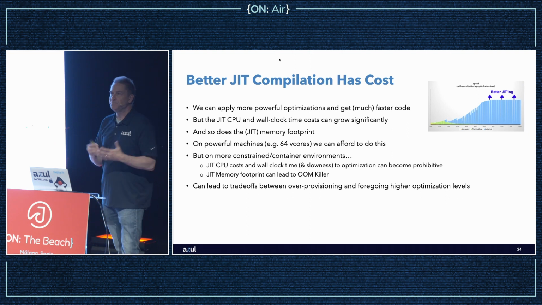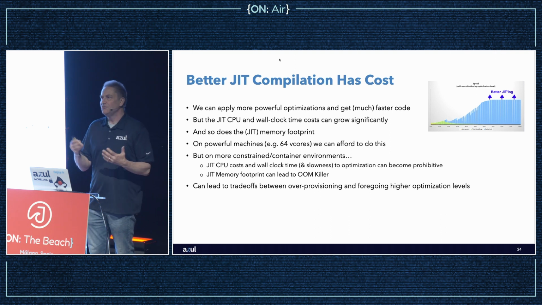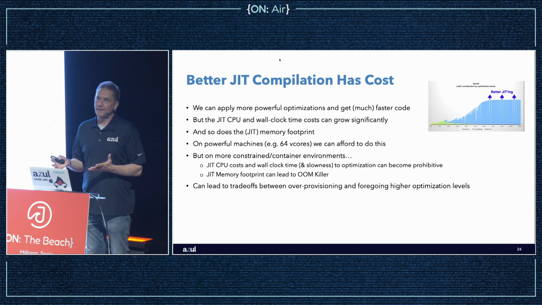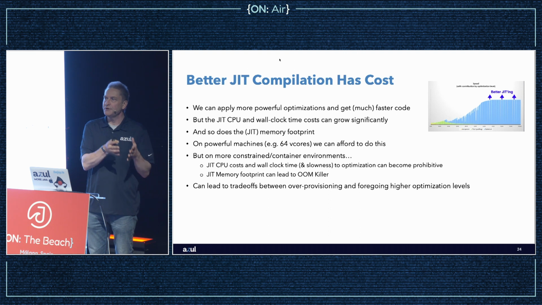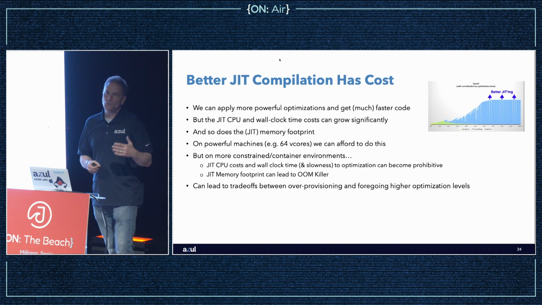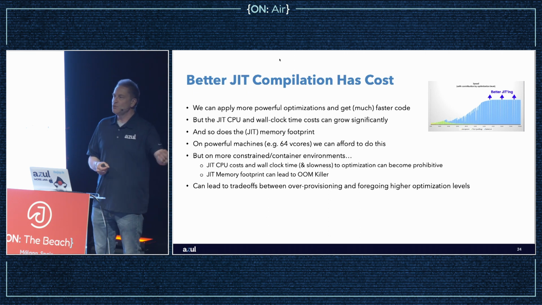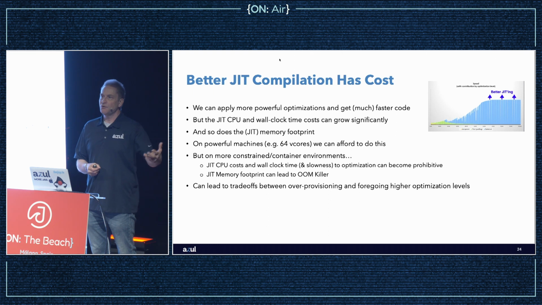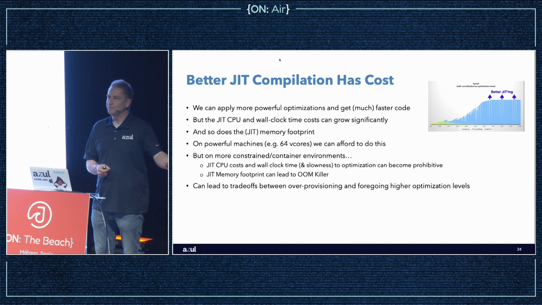Now, if we have a nice big powerful machine, if we're running on, let's say, 64 vCores, then we're probably not going to be too worried about that. But if we're running on a container that only has 2 vCores and a limited amount of memory, then we could run into a situation where we're using all the vCore processing power to do our compilation, and that means that we're not processing what the service is supposed to be actually doing, the application.